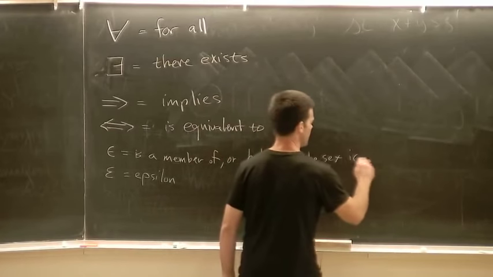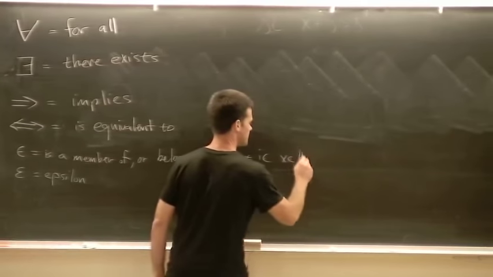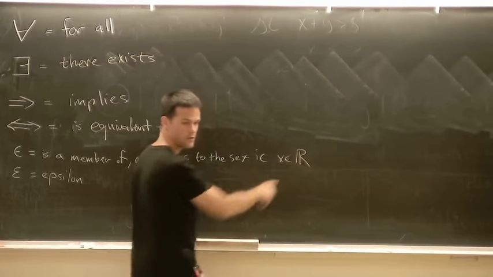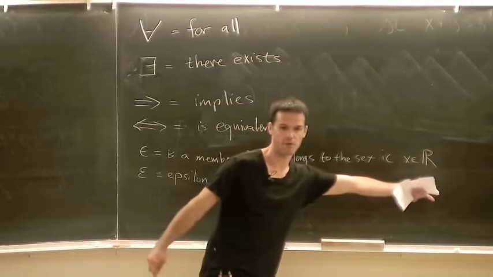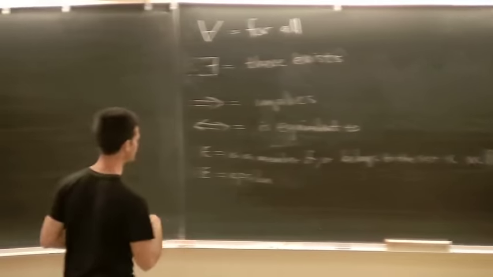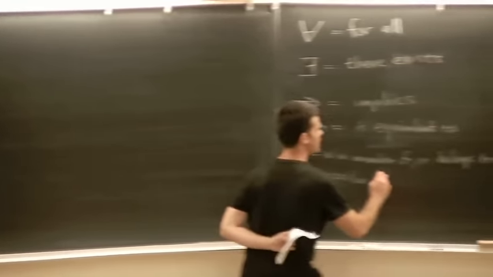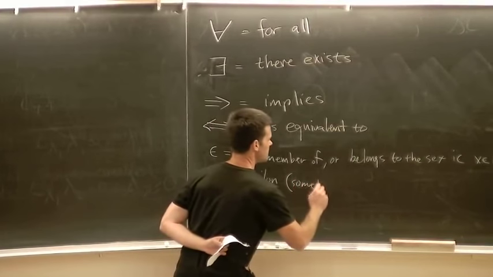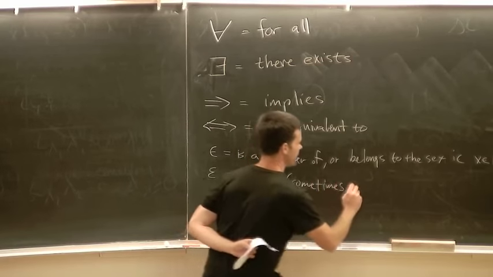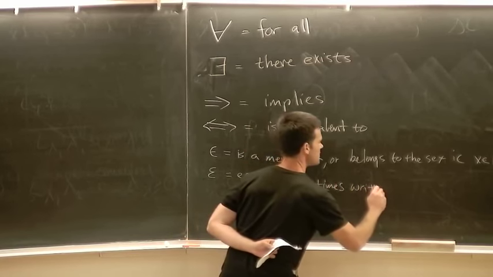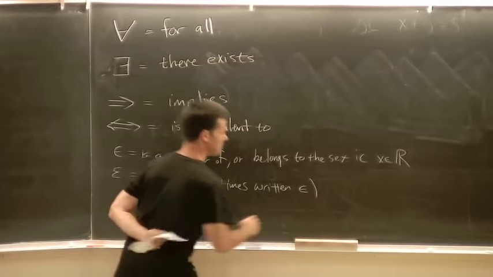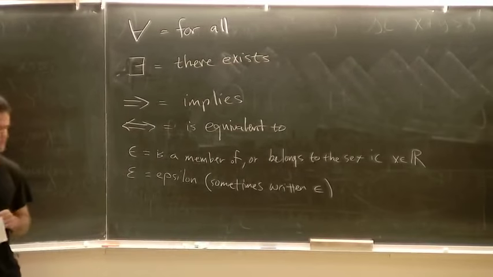If I say x with this symbol, the real numbers, this means x is a real number. It belongs to the set of real numbers. Epsilon, however, sometimes is written much like that symbol.